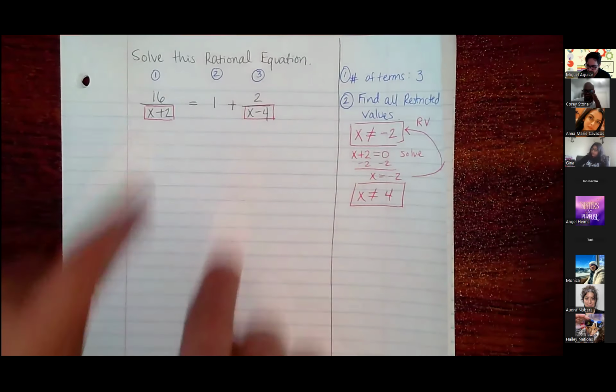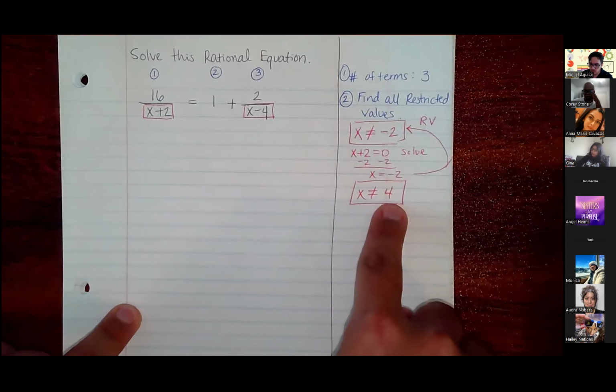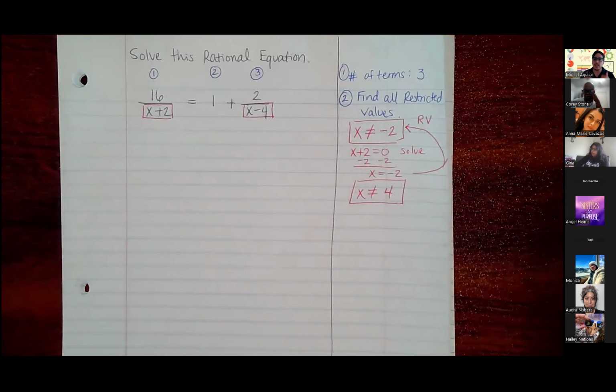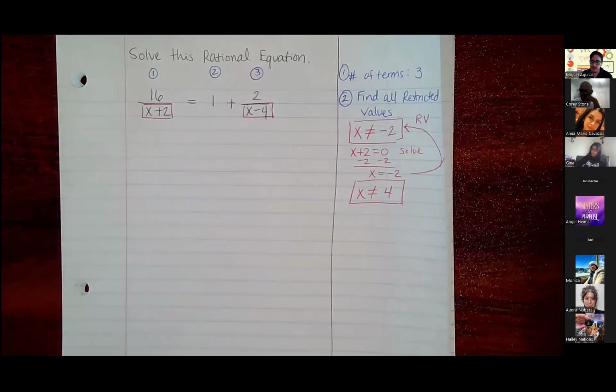So if I get some answers here that are not -2 or 4, then I can say those are valid. This is just a quick way to check so that you don't have to plug things back into the original equation. So I'm trying to save you guys a little bit of time and heartache here. Find those restricted values at the very beginning of the process, and then we can dive in and actually begin solving the equation.